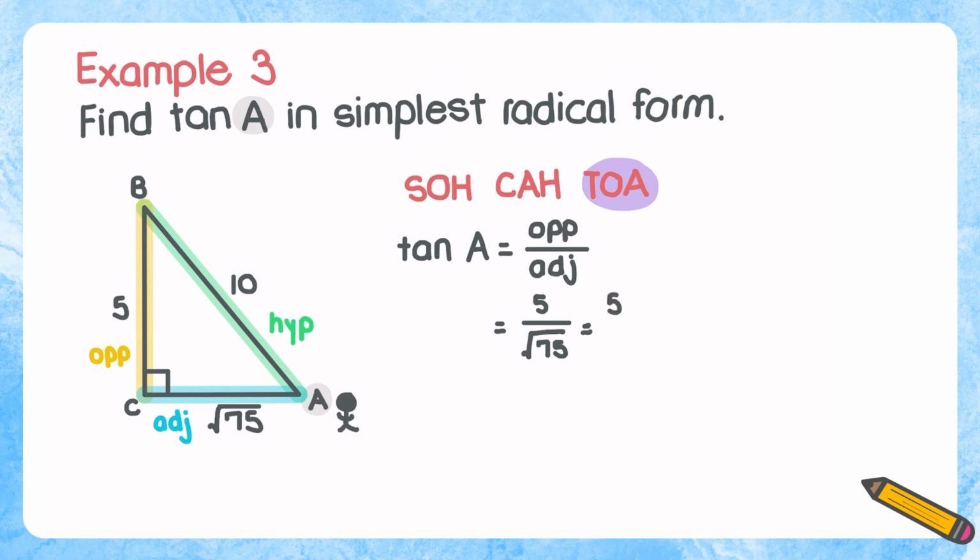We want to rationalize the denominator, so we get 5 times radical 75 over 75. But this is not in simplest radical form because I can actually still simplify radical 75. So radical 75 breaks down to radical 25 times 3.